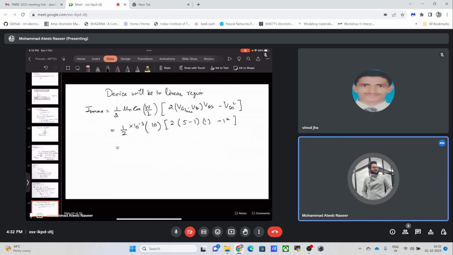Sorry, it is 2 into 4 is 8. 8 minus 1 is 7. 7 divided by 2 is 3.5. 3.5 into 10 is 35. It is 35 milliamperes. So it is the maximum value of the current that we can obtain.